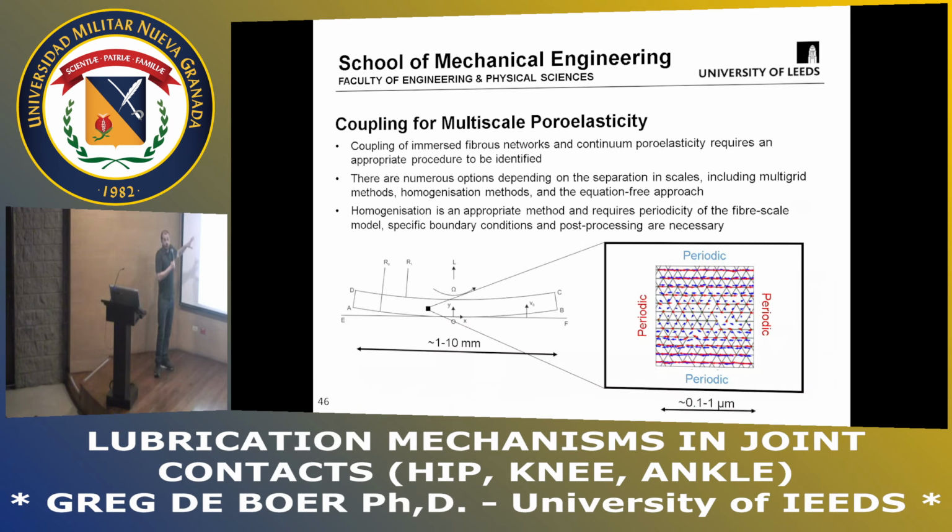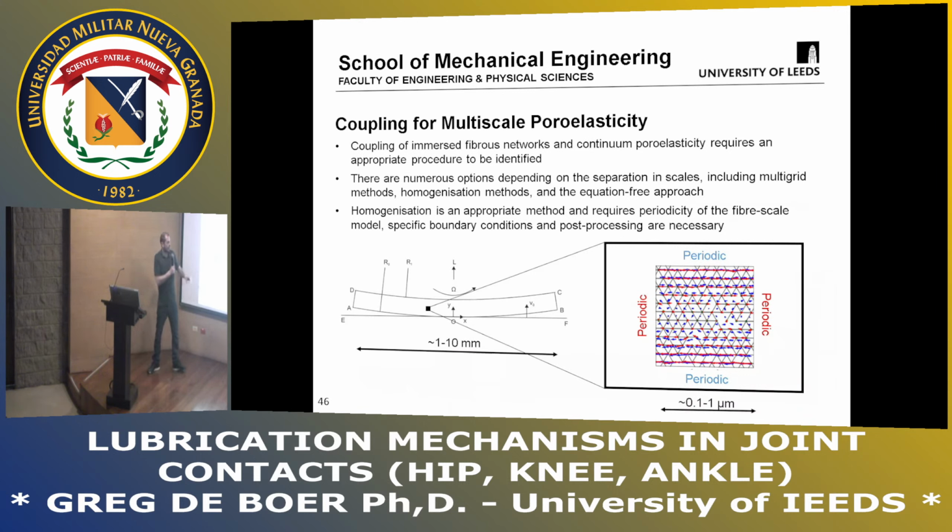So, what do we want to do here? Well, what we're trying to say is that we're no longer using this continuum poroelastic description. Instead, every single point in our model is a separate simulation. And this simulation is periodic, okay? So that means that they're repeated up, repeated sideways. And if I average over that, then I can take that averaged value and use it to represent this one point in this other model.